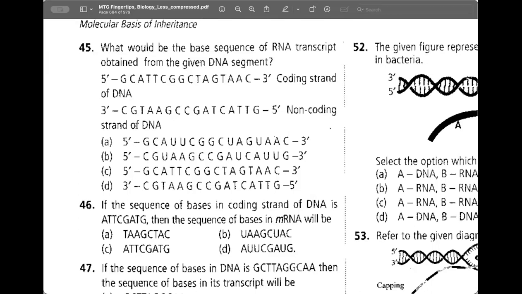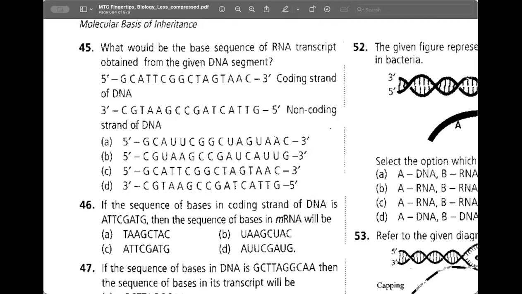RNA transcript. Yes. In your NCERT, the term coding and non-coding is not there. Instead, you know what is the term? Template and coding, right? If you go back to the figure, they say that one strand is template strand and the other one is coding strand.